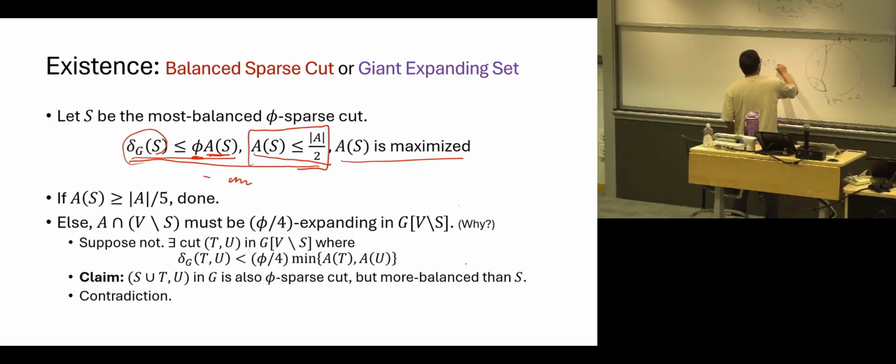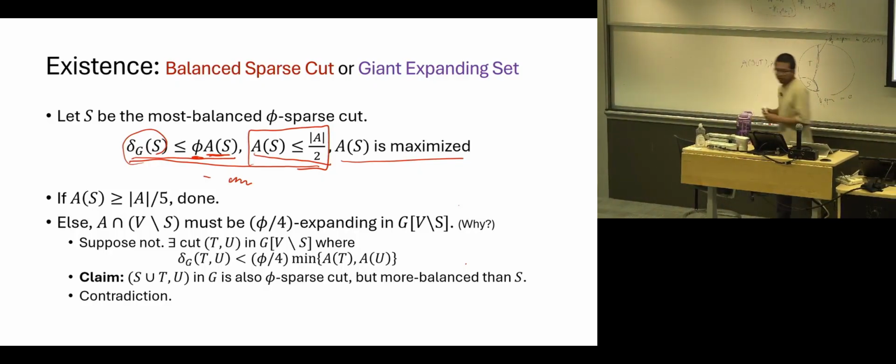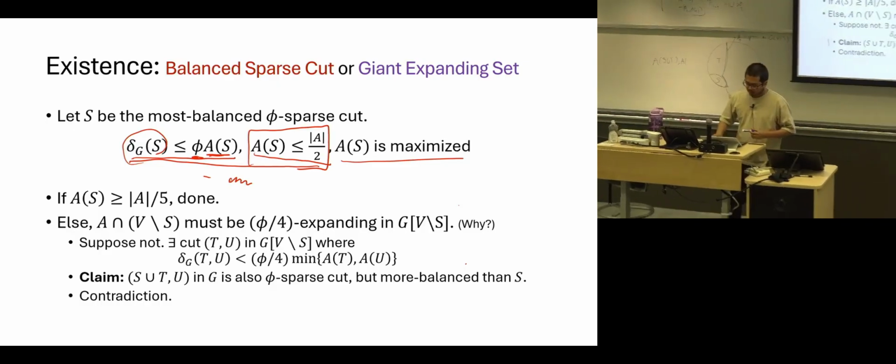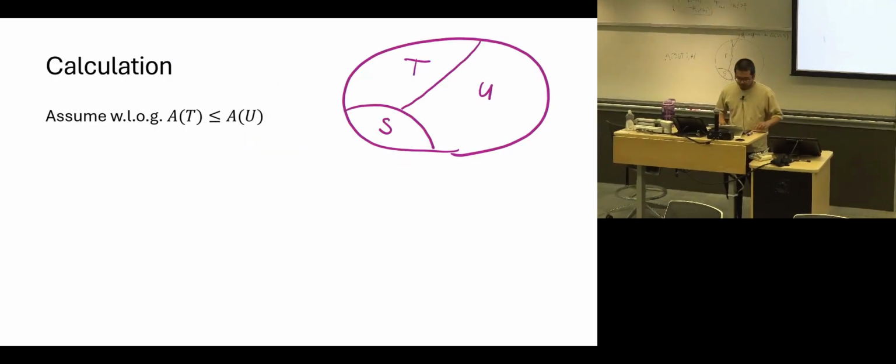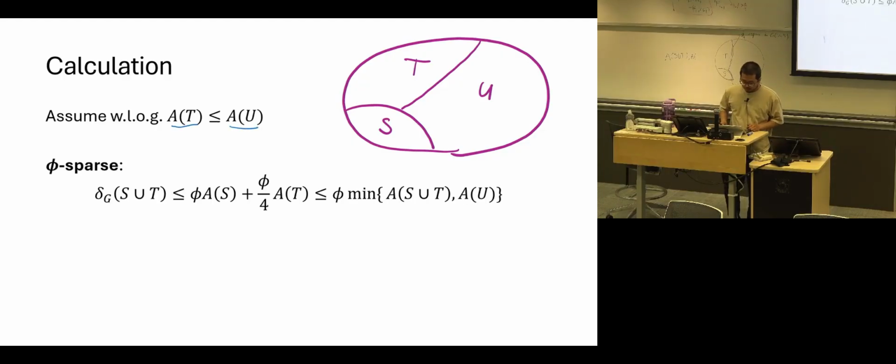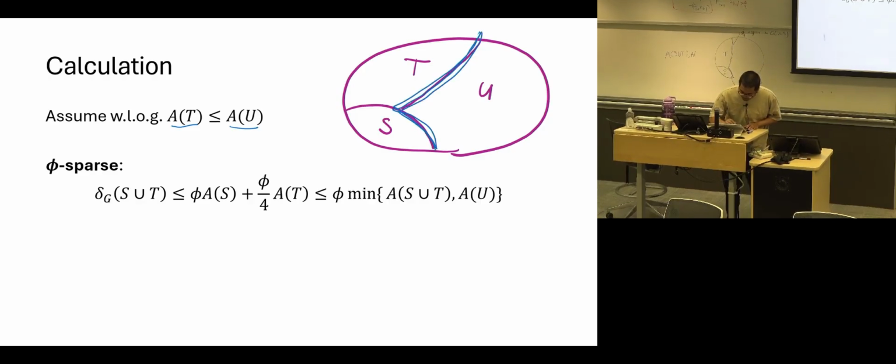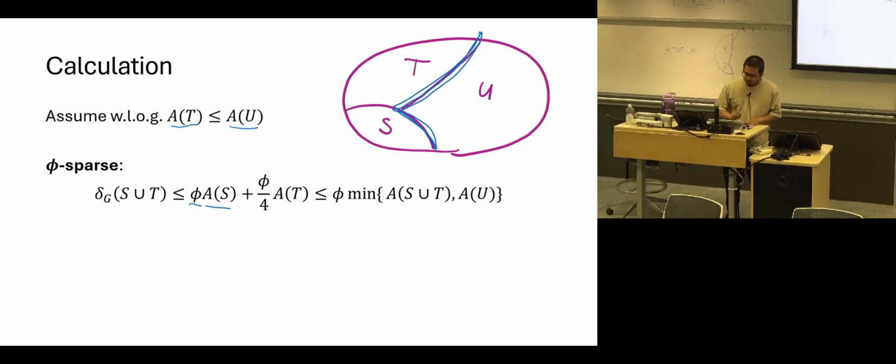Assume that the size of T is less than the size of U. Then what you know here is that the cut size is at most phi times A of S, because S is phi sparse, plus this part.